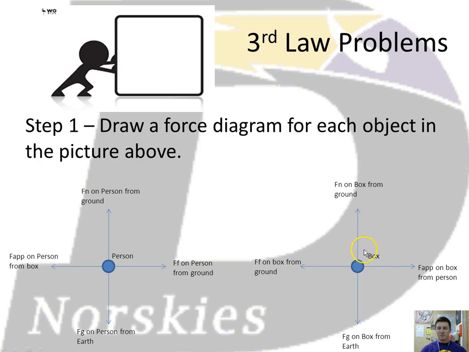Instead, now we have a force on the box from the person, because the person is pushing the box to the right in this picture. So again, the first step of third law problems is to draw force diagrams. If you're not proficient at drawing these yet, please come see me, because once we start drawing two of these at the same time, it gets a little complicated.